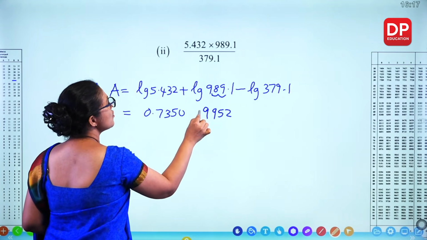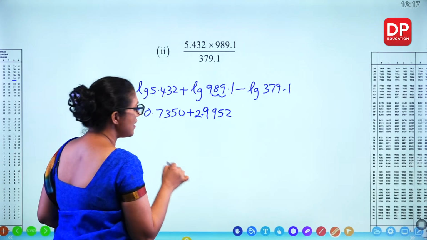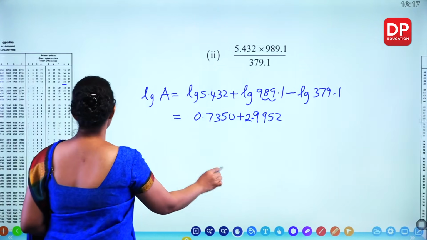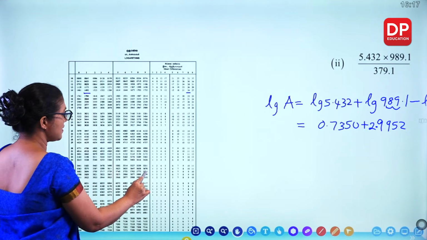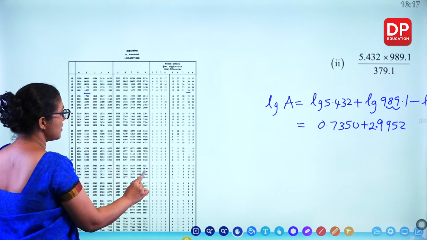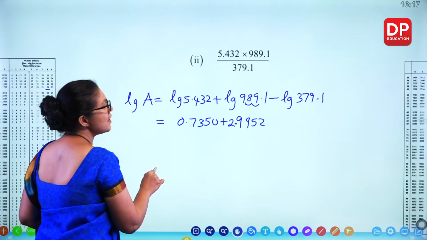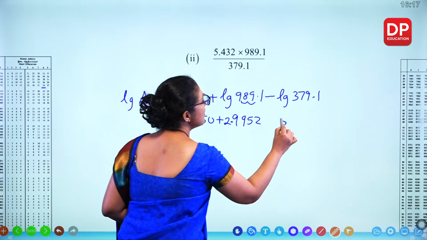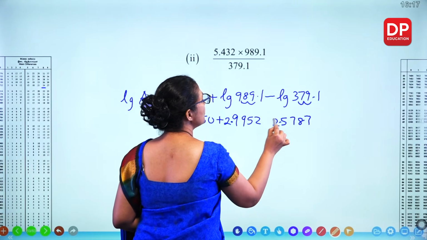Characteristic is 2. 37, 91. 9 is this one, 1 is 1. 5787, and the characteristic is 2.